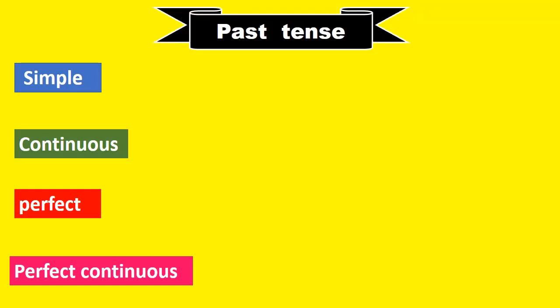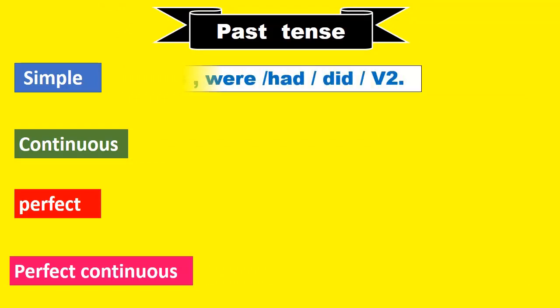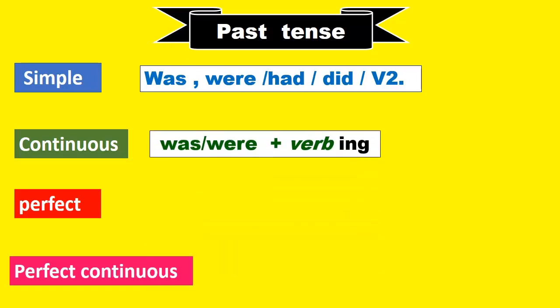Now let's go for the past tense. For simple past tense, children, we use V2 form, or we know was and were. Past tense of have and has is had, that of do and does is did. For continuous, helping verbs was, were plus verb followed by ing.